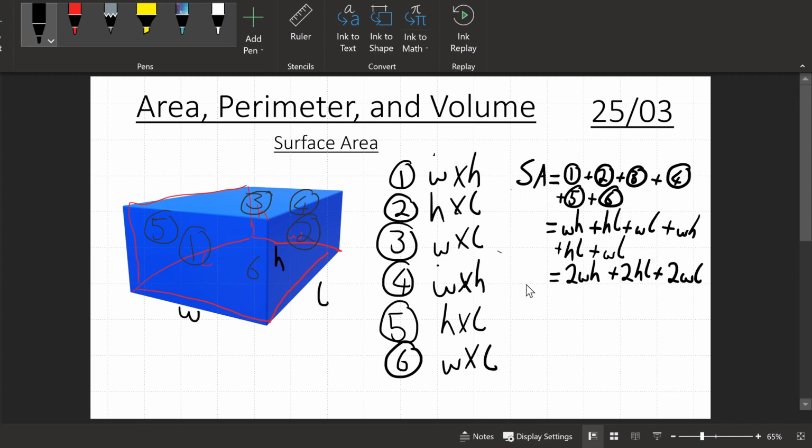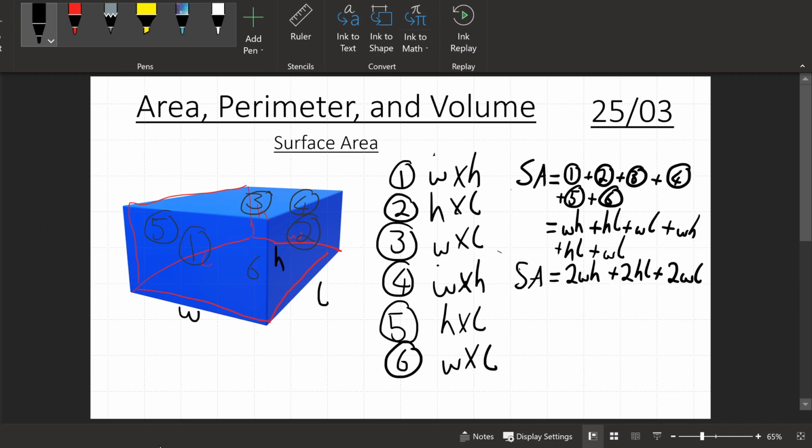So the surface area of a cuboid is 2 times width by height, so the sum of the front and the back, plus 2 times height by length, so the sum of the area of this side plus the area of this side, and then the final part here, 2 times width by length, so the sum of the area here and the area here, okay? And that's just what that means.